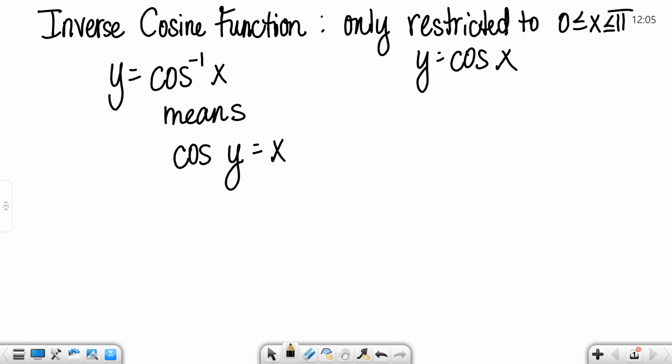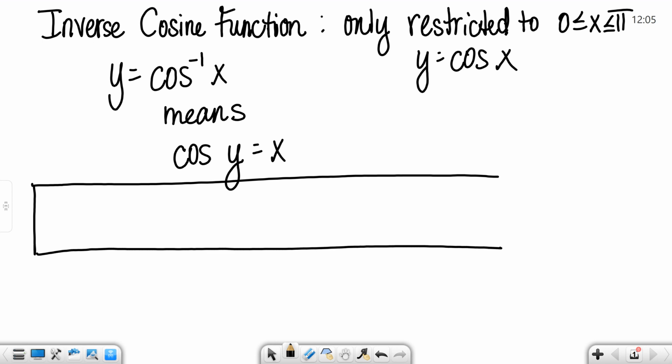All right, so let me give you that little table again. Our table is different because we're going to get cosine values and our theta values are changing. This time they're going from 0 to pi.